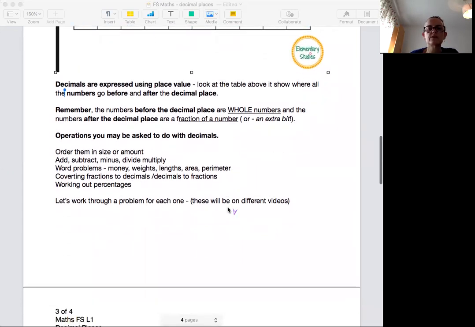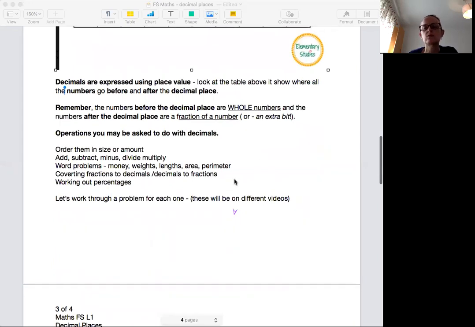Now you'll be asked to do different operations, which means mathematical calculations with decimals, and we're going to work through different ones each week. You might be asked to order them in size or amount. That can be with a list, which we're going to do today, or it can be how much money Susan, Michael and John have, and you have to order the amounts and maybe add, subtract, divide and multiply.